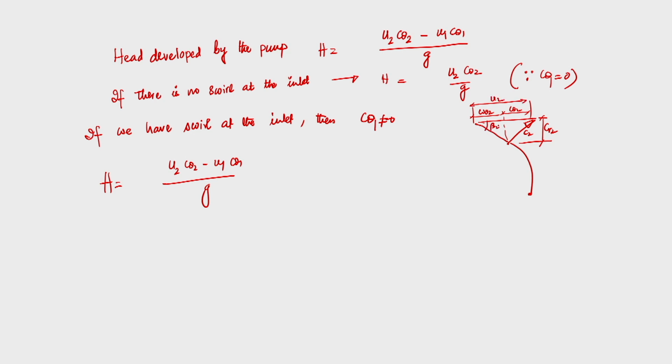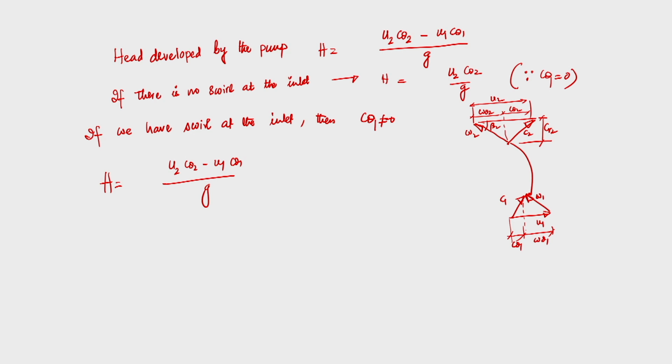This angle is beta 2, this is the relative velocity, and similarly we have the inlet velocity triangle with U1, W1, C1, C theta 1 and W theta 1.